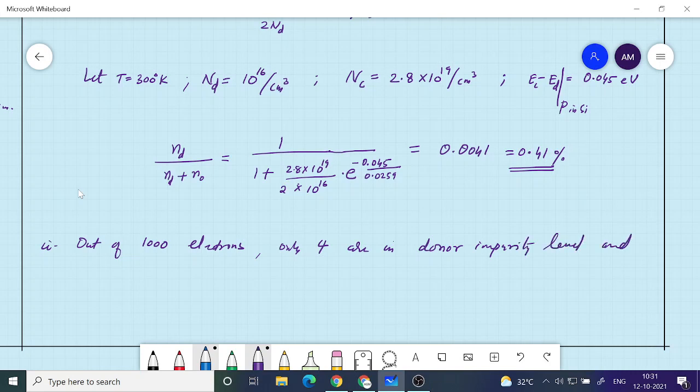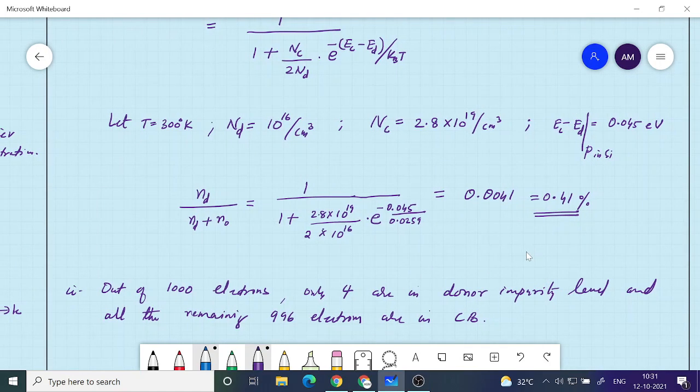And all the remaining, that is 996 electrons out of the 1000, at room temperature are in the conduction band. So that is a very important insight one should have at room temperature.